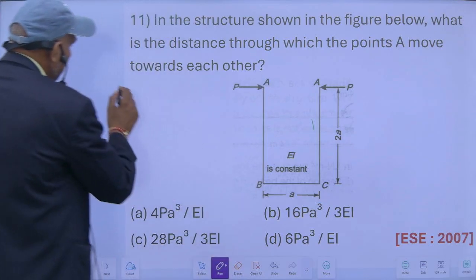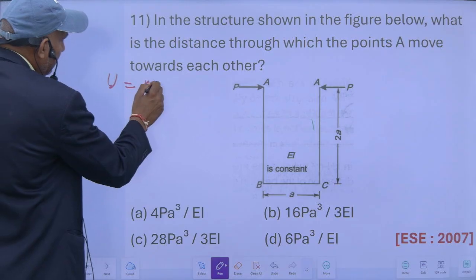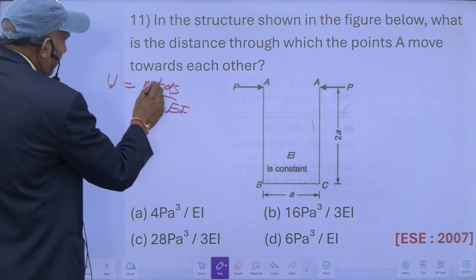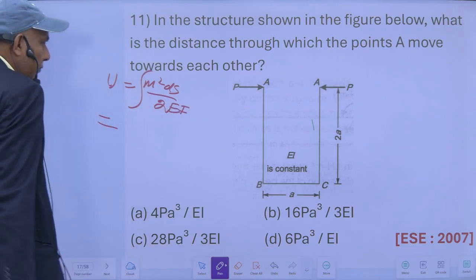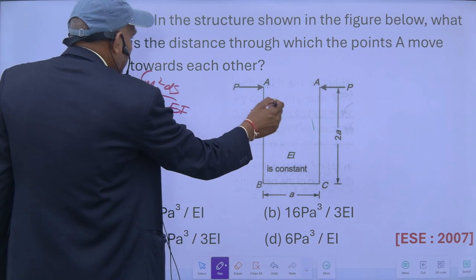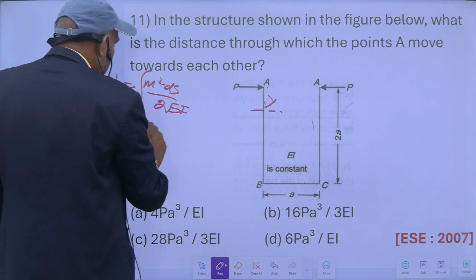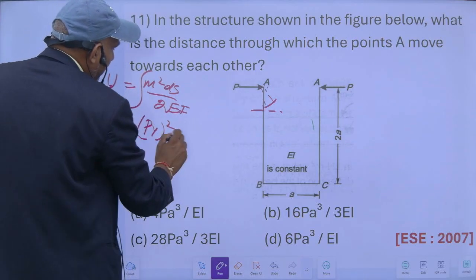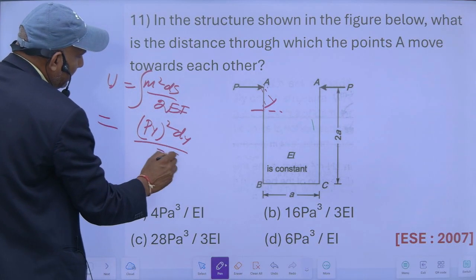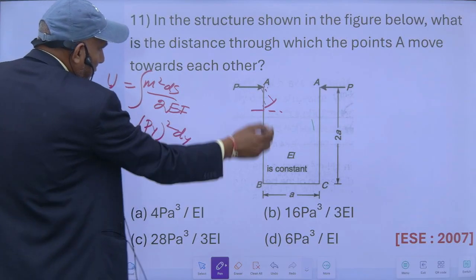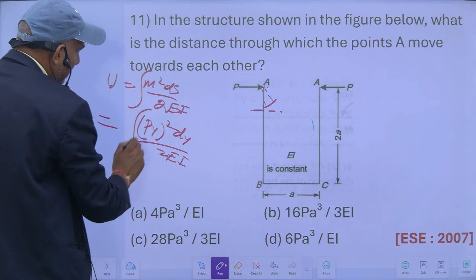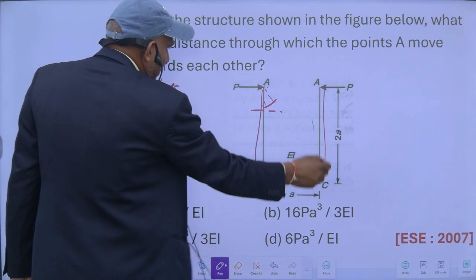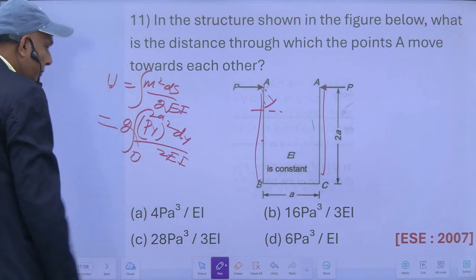As we know, U is equal to M square ds upon 2EI is the formula, and for this portion, if I say this is y, it will be Py, this is the moment at this point, into square into dy upon 2EI. I will integrate it from 0 to 2a, and the same for this, so I will multiply it by 2.